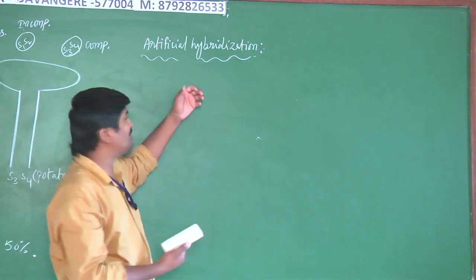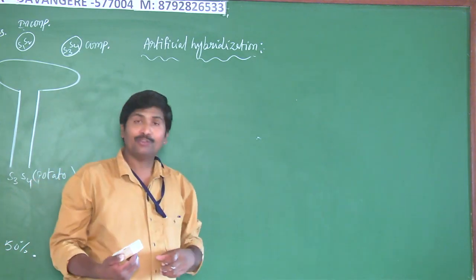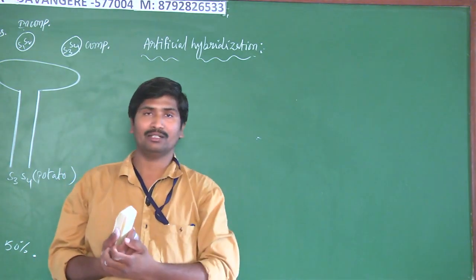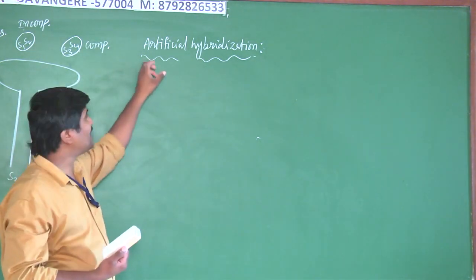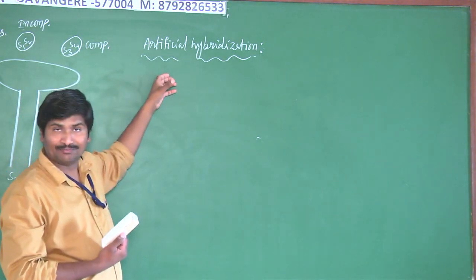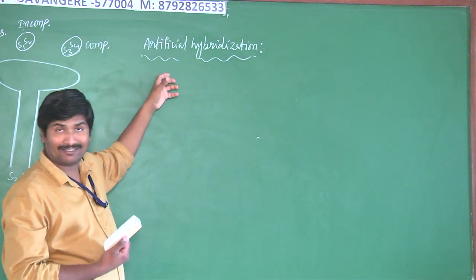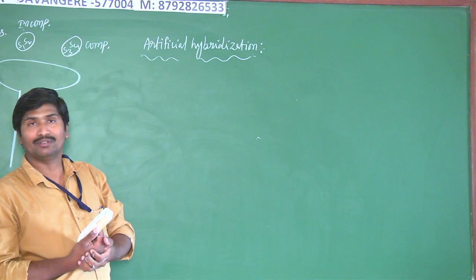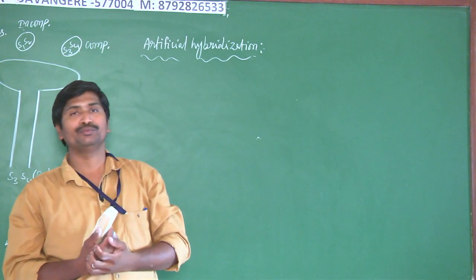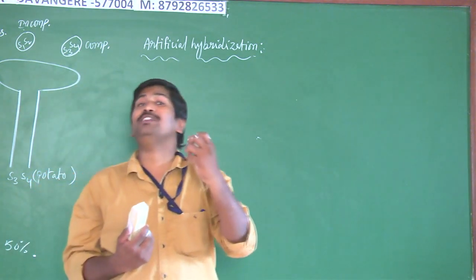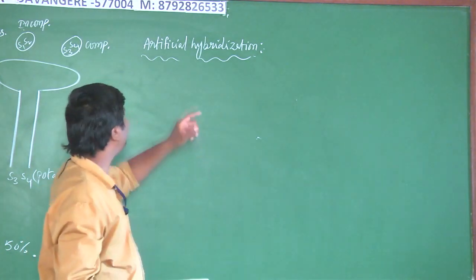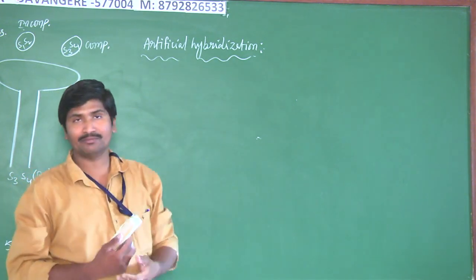Here the hybrids are developed by human beings, the plant breeder. Why are hybrids developed by human beings? For the development of desirable characters in a single superior hybrid. In this method, characters of species or varieties or even genera are combined to obtain the desirable characters in a single superior hybrid. That is known as artificial hybridization.